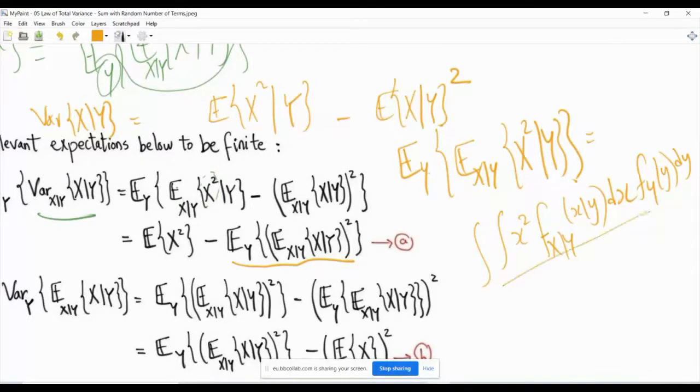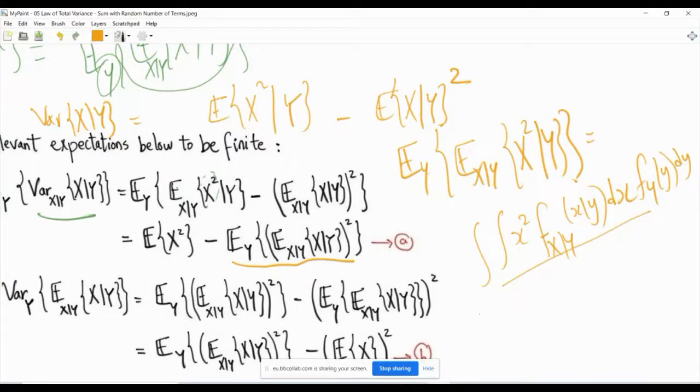But actually, in this case you do not need Fubini. You can use Tonelli, because x squared is guaranteed to be non-negative. So the double integral, you can do in any order, and if in one order you get plus infinity, the other order will also give you plus infinity. Because the function of x is non-negative, we can just appeal to Tonelli, but it doesn't matter.